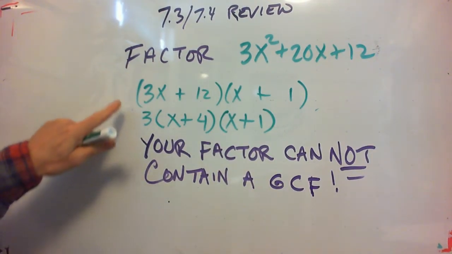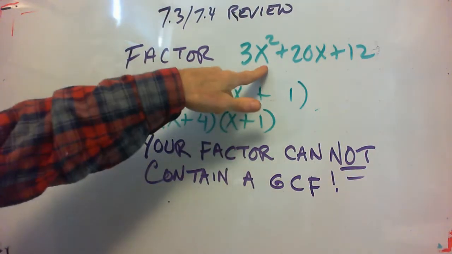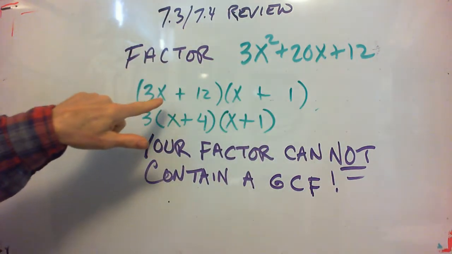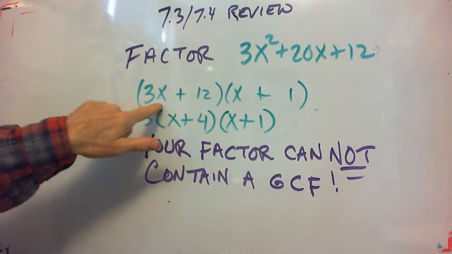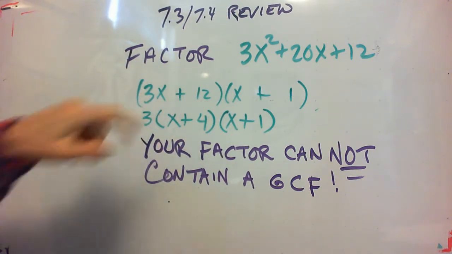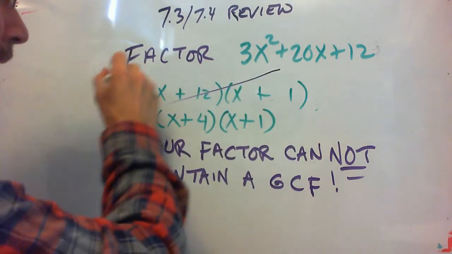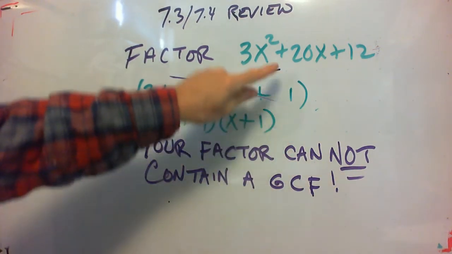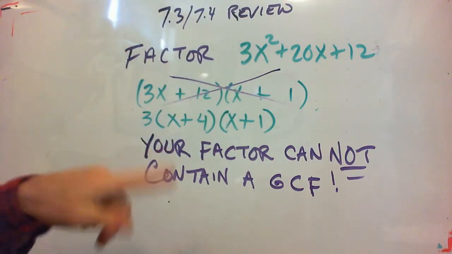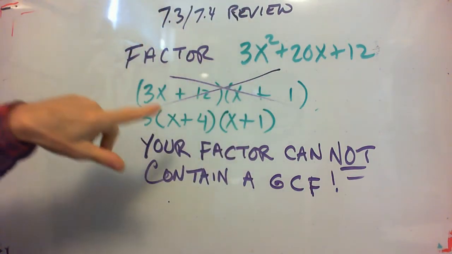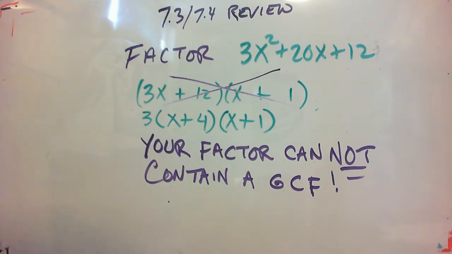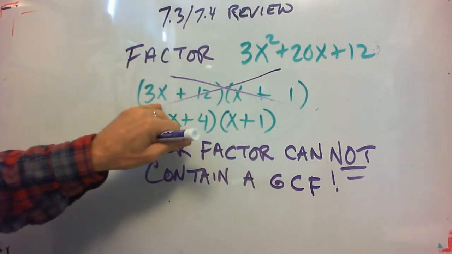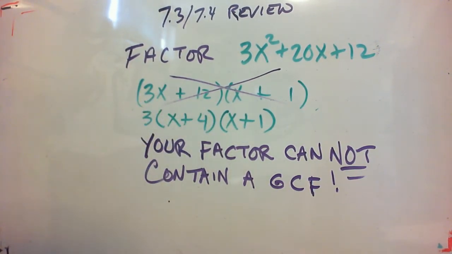And that's true for all trinomials like this. If there's no greatest common factor in the whole trinomial, your factor itself cannot have a common factor within it. So the 3x plus 12 times x plus 1 cannot work. That rules out a lot of possibilities on this problem. So keep that in mind: a factor cannot have a common factor within it.